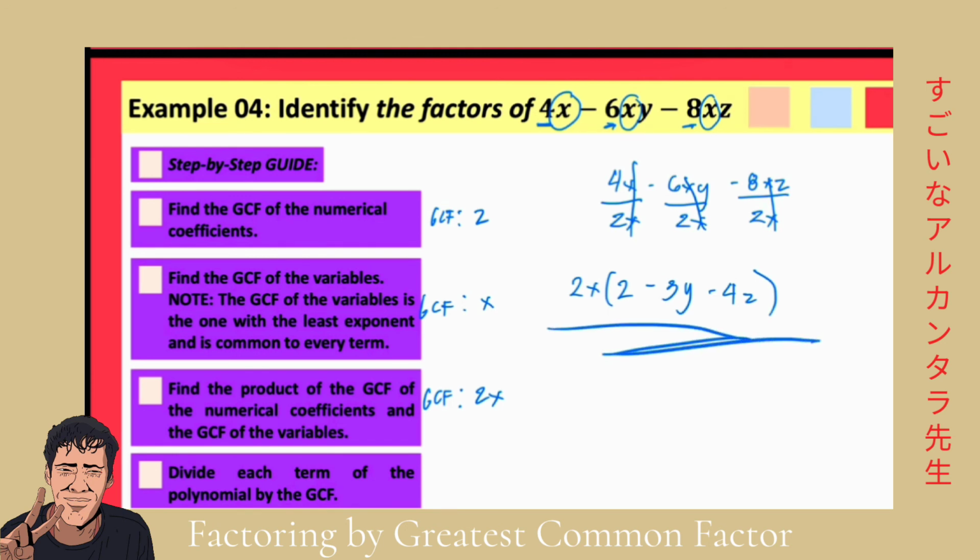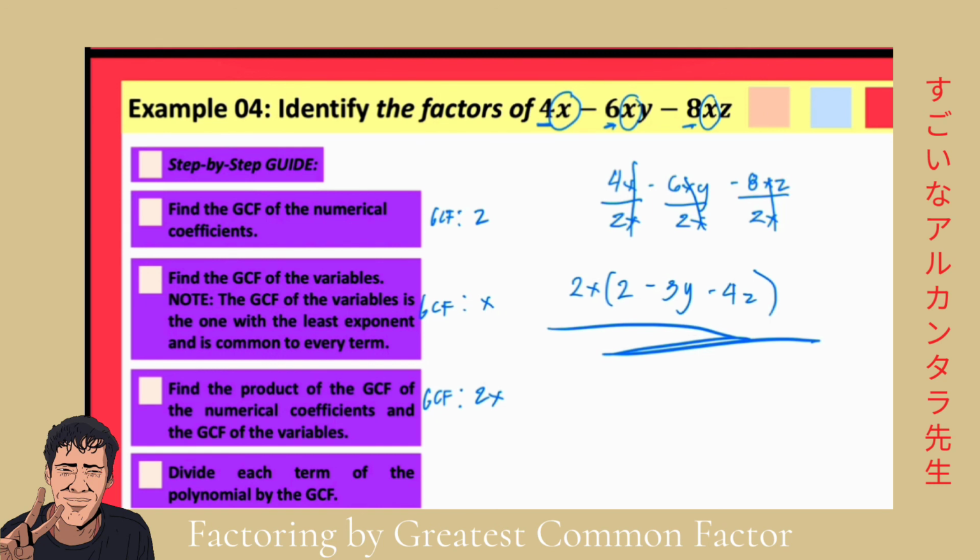Class, do not forget when dividing polynomials, for each term, do not forget if they are positive or negative. So we have here 4x divided by 2x, it's positive, so positive 2. -6xy divided by 2x is -3y.